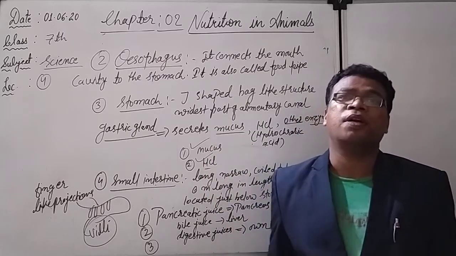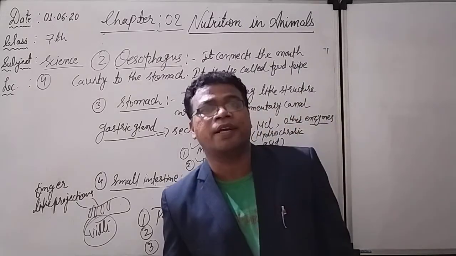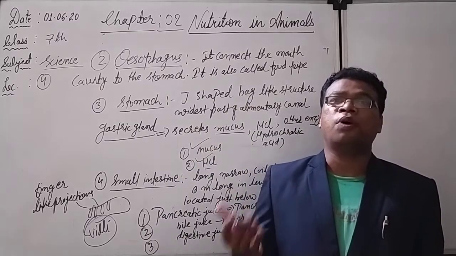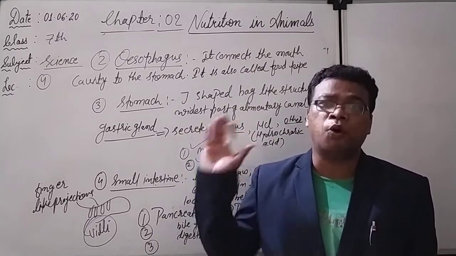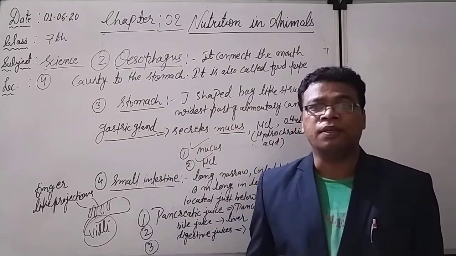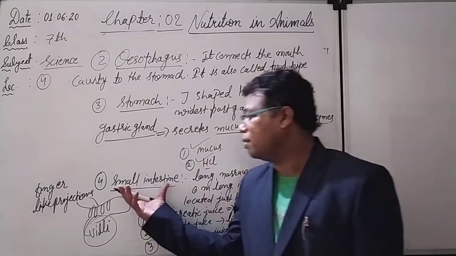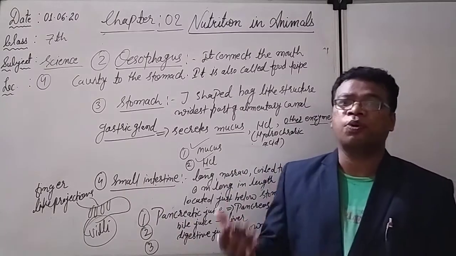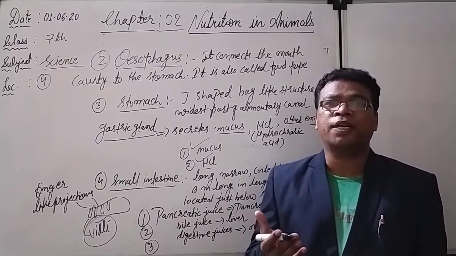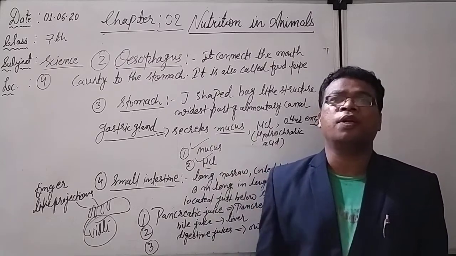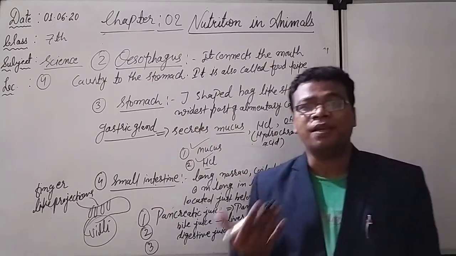Inside the villi, blood vessels are directly connected to the blood. That is the main role of the small intestine, and this transportation of the nutrients to all the cells of the body is known as assimilation.